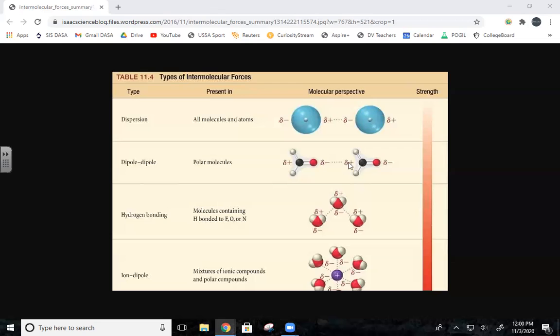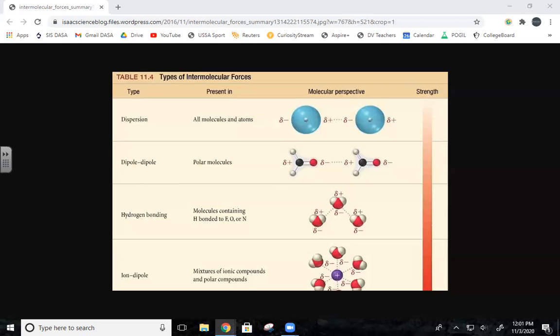So you have two polar molecules. They're the same kind of molecule, and they are going to want to align themselves in that orientation. Okay? Sure.